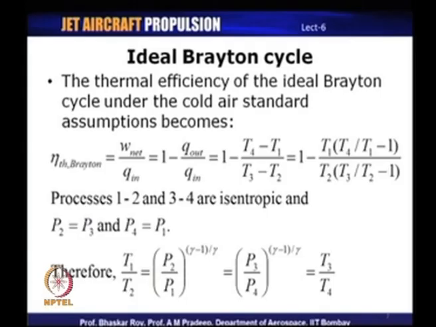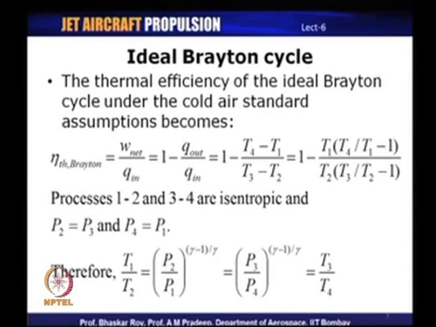And why is that? For a cyclic process, if you recall from thermodynamics, we know that W net should also be equal to Q net, and Q net is Q in minus Q out. Therefore, W net divided by Q in reduces to 1 minus Q out by Q in.